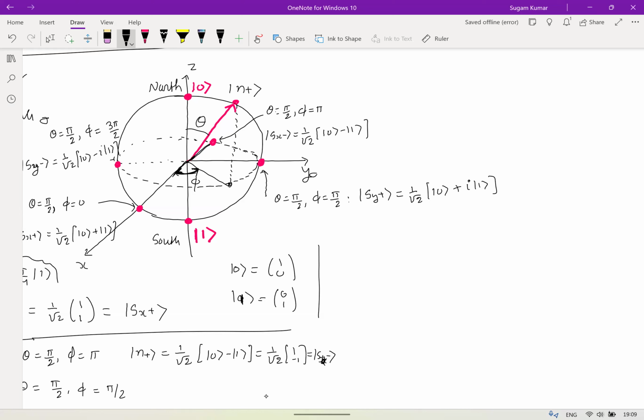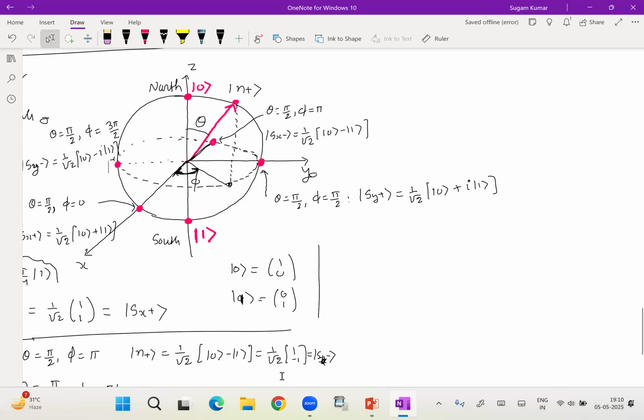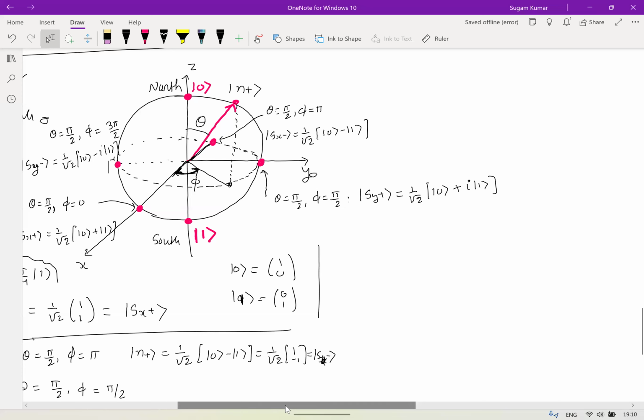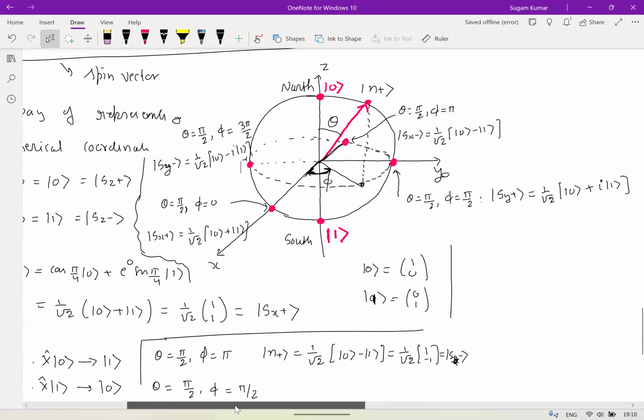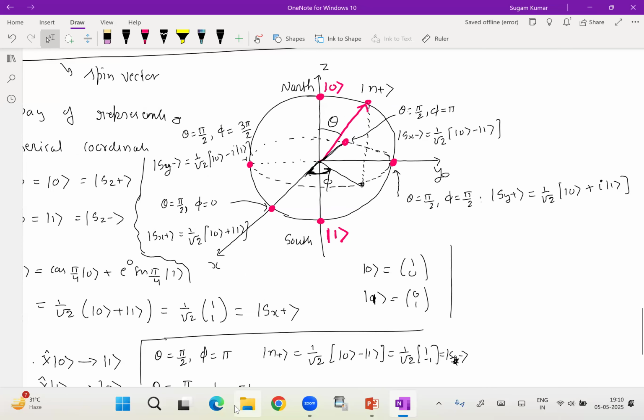I just gave the example to make sure that you understand the logic behind discussing this Bloch sphere, because all these gates are going to rotate these vectors. Fine, so shall we move ahead?